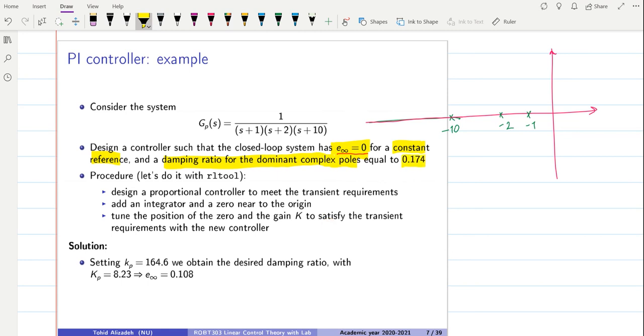We will do it through the RL tool, but as the first step we need to draw the Root-Locus plot for this system. We will focus on the positive locus. If I do it, not precisely here, the Root-Locus for this system will look like this one.